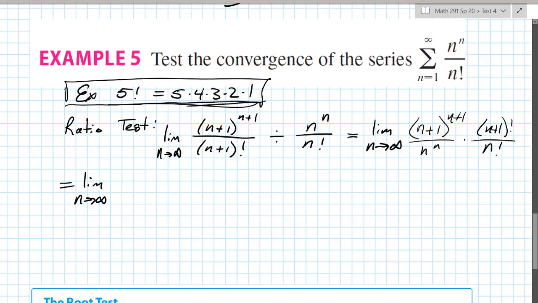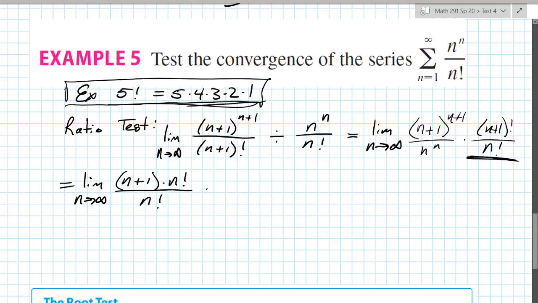So I'm thinking we try something like we did before, see if we can split things up in order to cancel things out. Because of the way factorials work, n plus 1 factorial is n plus 1 times n times and so on. So I'm going to write that as n plus 1 times n factorial over n factorial. So that's my second part of the fraction.